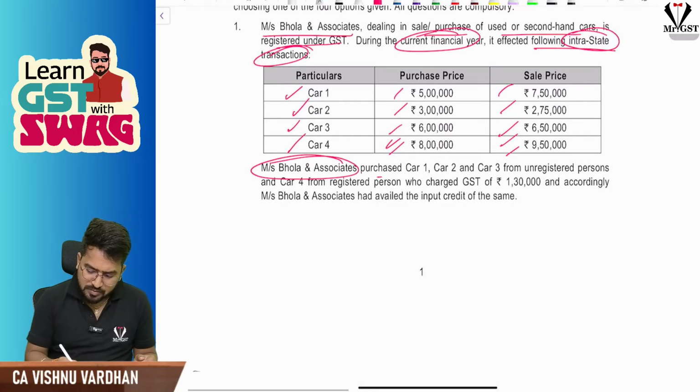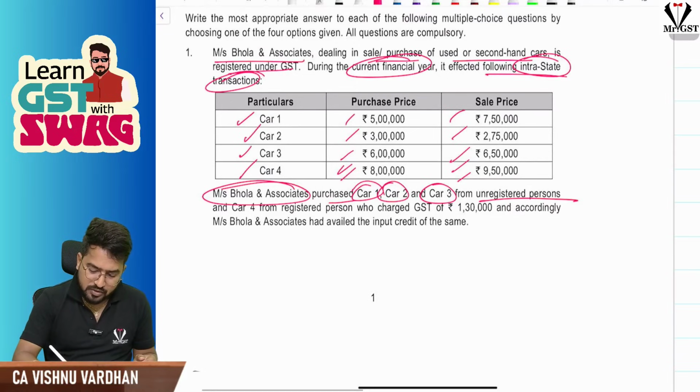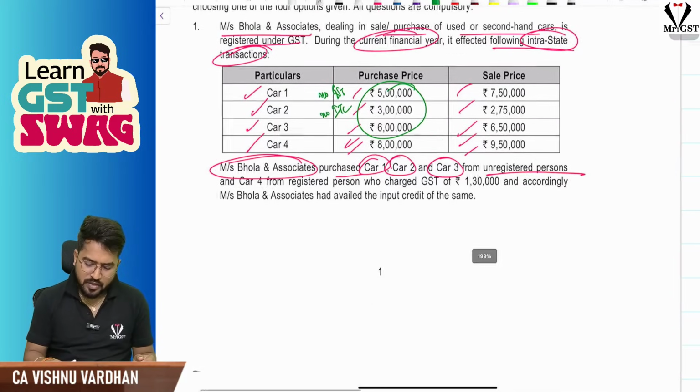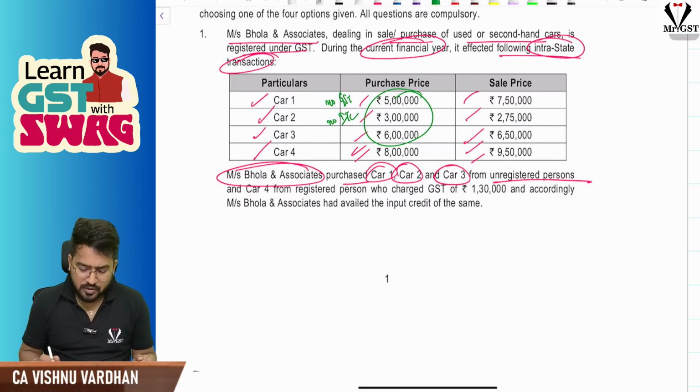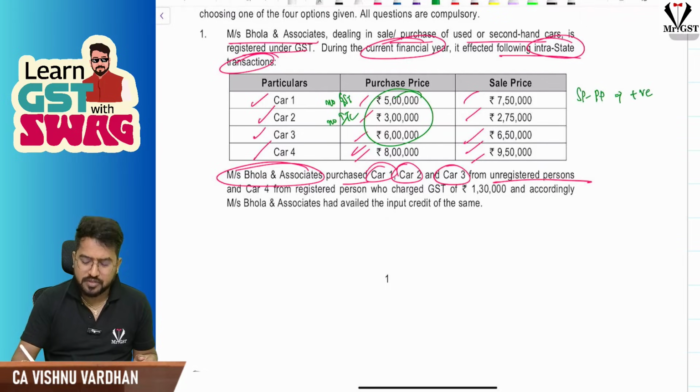Bola Associates purchased cars 1, 2 and 3 from an unregistered person. That means no GST was charged, so no ITC. And because there is no GST and no ITC, the GST will be on the sale price minus the purchase price only if it is positive. You know that.